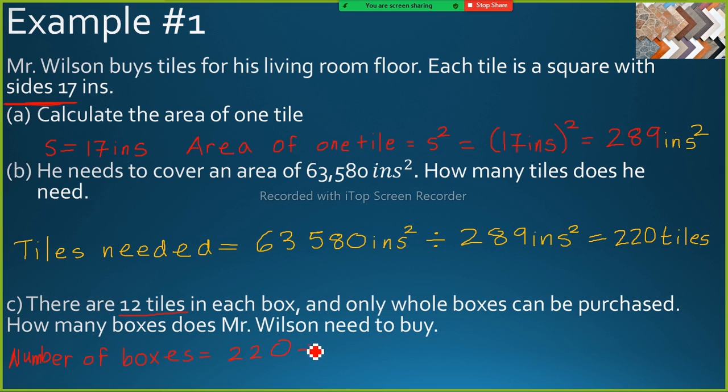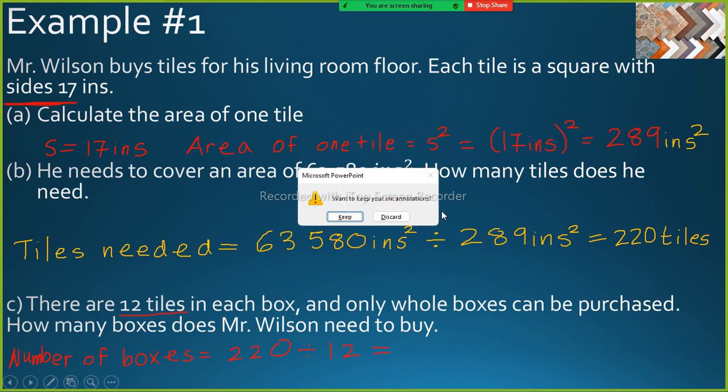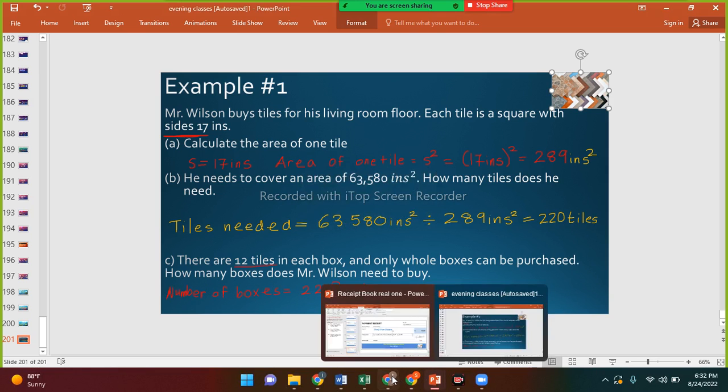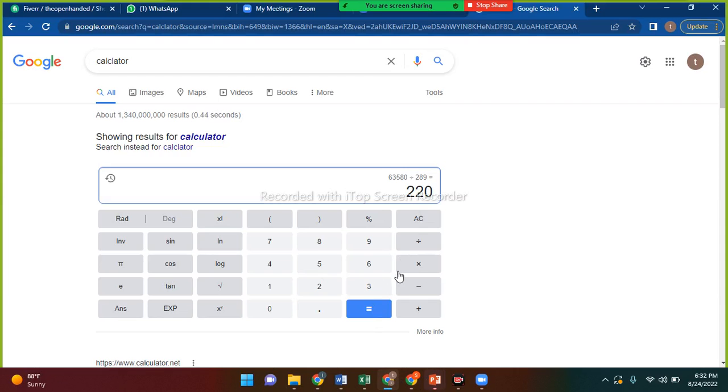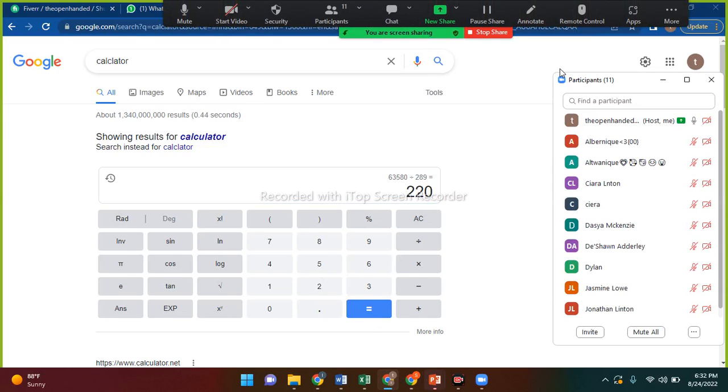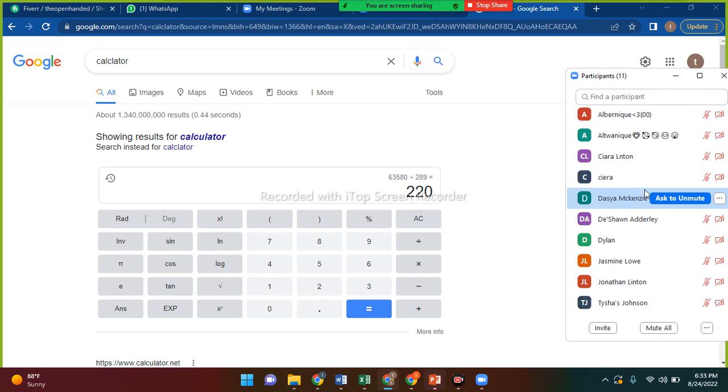And if we divide that by 12, let's look at our calculator and see what we get. Anyone did it and got an answer? What is 220 divided by 12? 18.33, right?